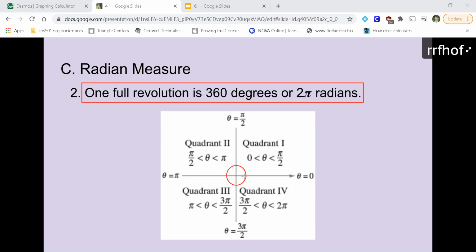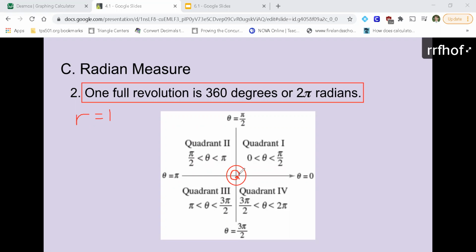Well, imagine, if you will, that you have a coordinate plane. You have a circle at the center, and let's just arbitrarily decide that this circle has a radius of 1. It'll make our math easier. It doesn't actually matter what the radius is. It could be 5, 10, it could be 2.3. Doesn't matter. And let's say I want to find the angle that is created from a full revolution here in radians, where I go all the way around.